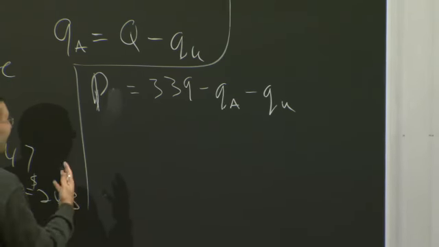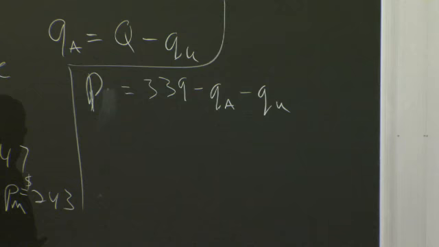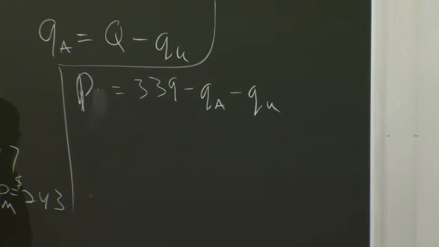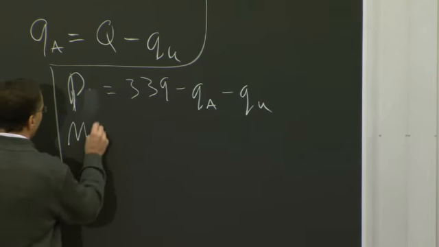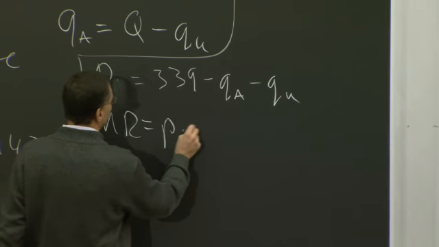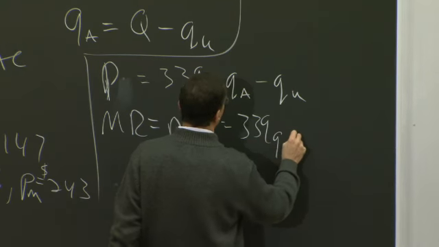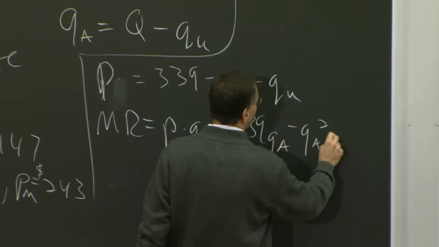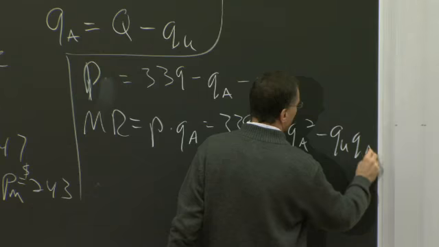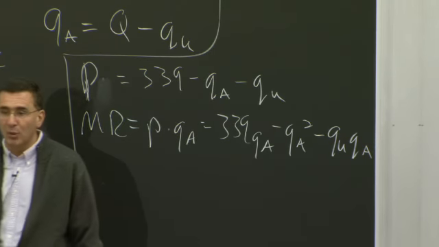So American says, I need to optimize this with respect to what I can control, which is Q sub A. How does it do it? Well, it computes marginal revenue. Revenue is P times Q sub A, so that's 339 QA minus QA squared minus QU QA, just multiplying through.